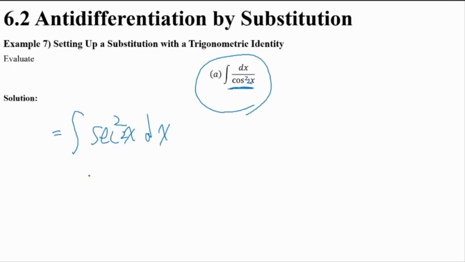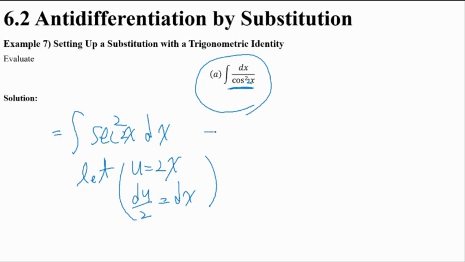So let's try to use substitution. Let u be 2x. If it were just x, you wouldn't have to do it this way. And du over 2 will be just dx. Right, and just plug in. So integral secant square u du over 2.